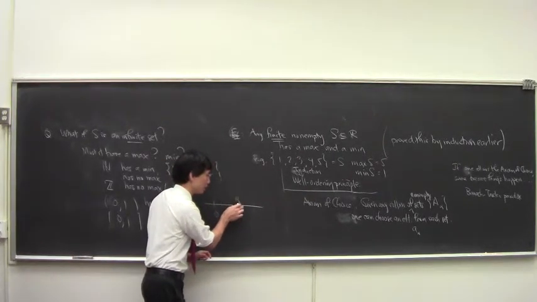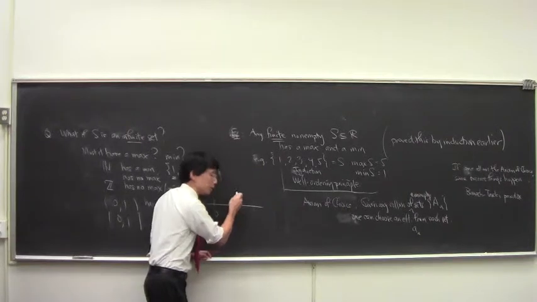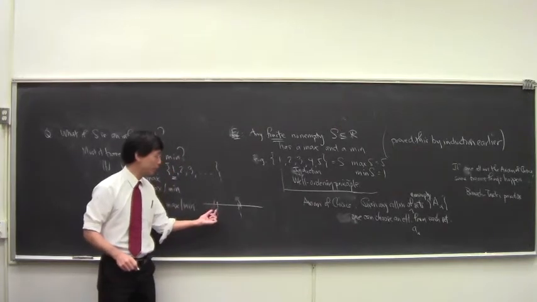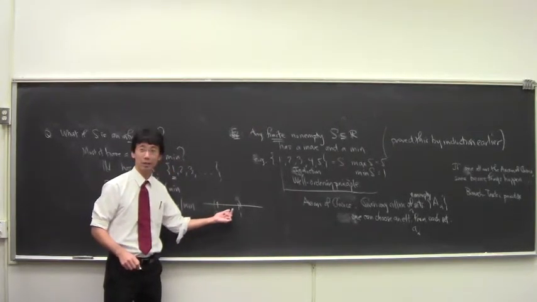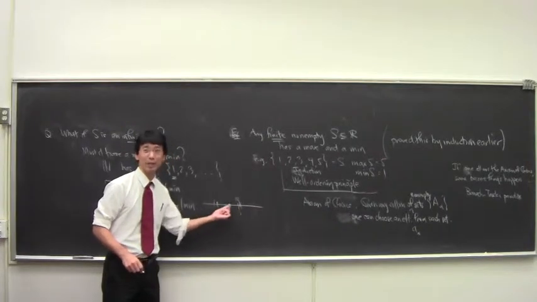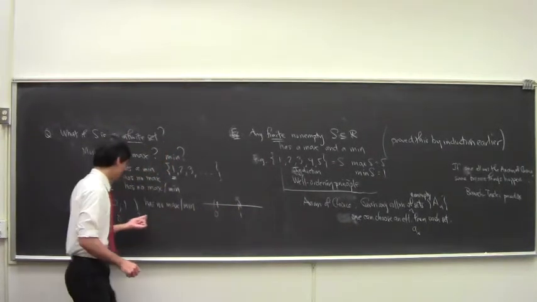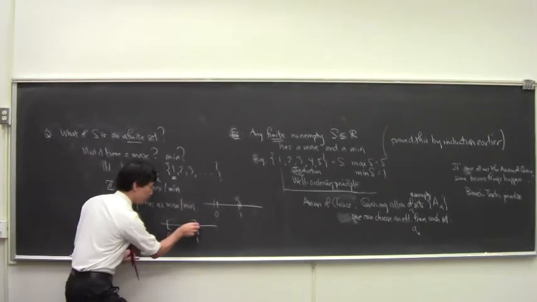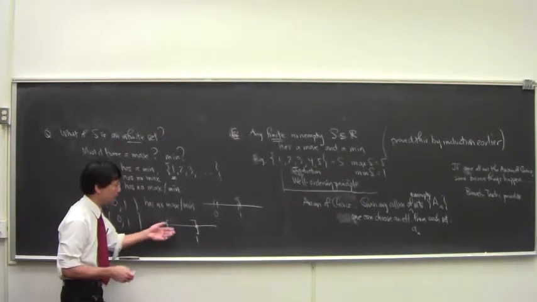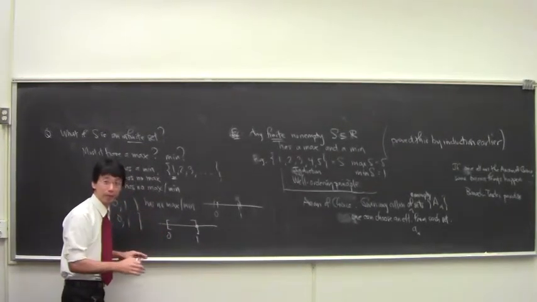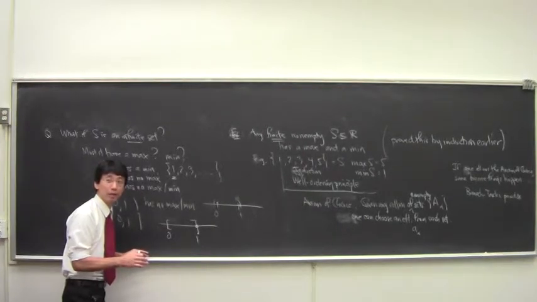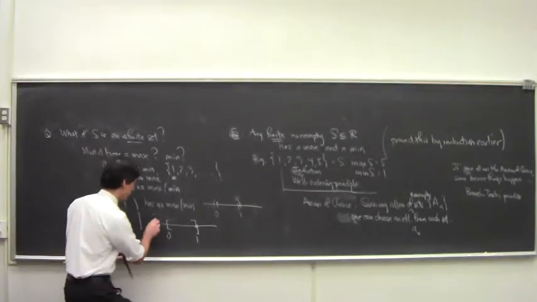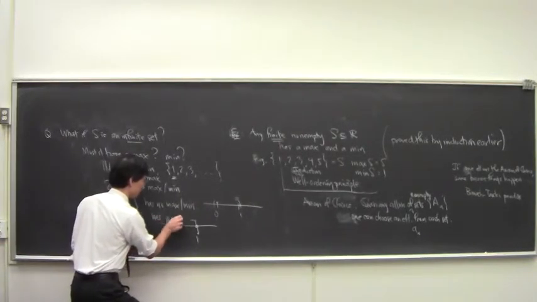So that's not the max. No matter what point you choose, there's always some element that's bigger, and I can always find something smaller. But for the closed interval [0, 1], if you say 1 is the max, I would say you're right, I can't find anybody bigger than 1. So the open interval has no max and min, while the closed interval has a max and a min.